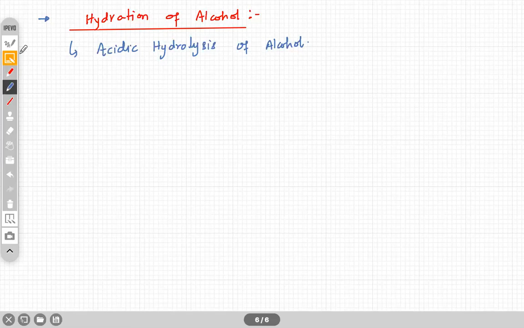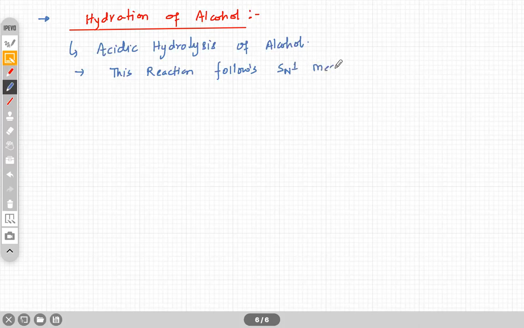Okay, this reaction follows the Sn1 mechanism. How the reaction proceeds, you see here.